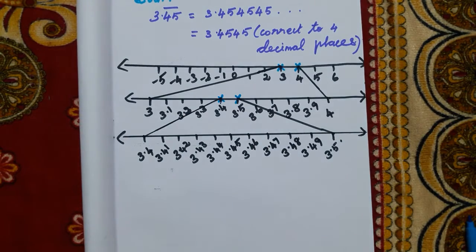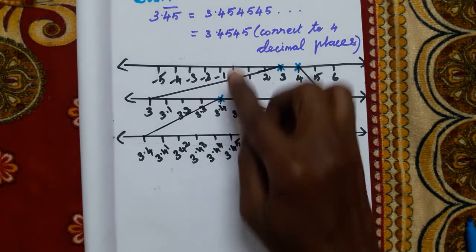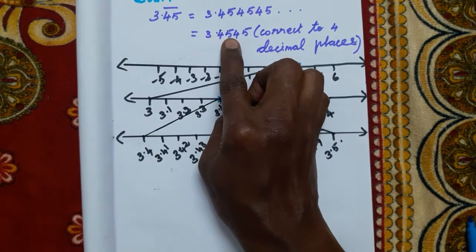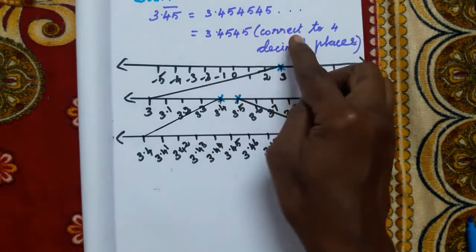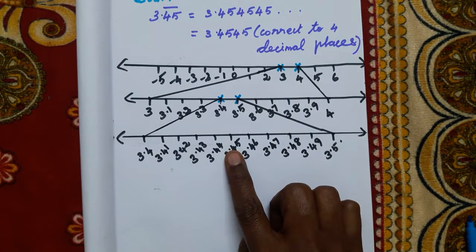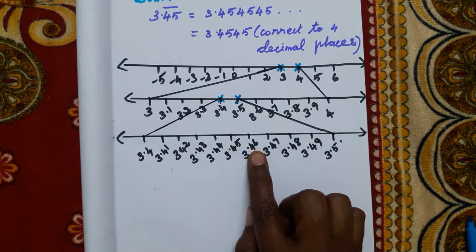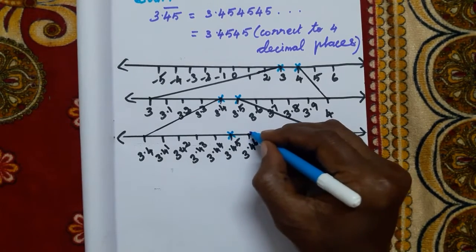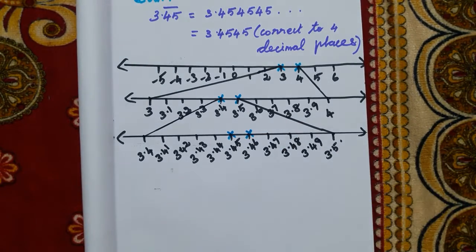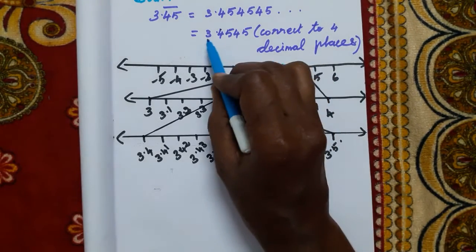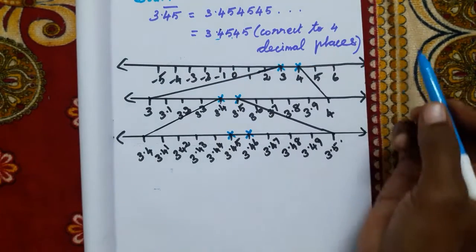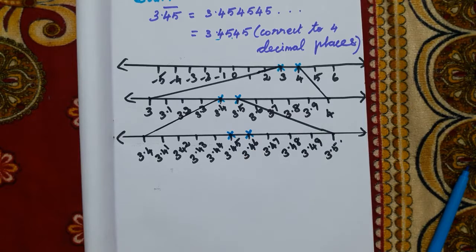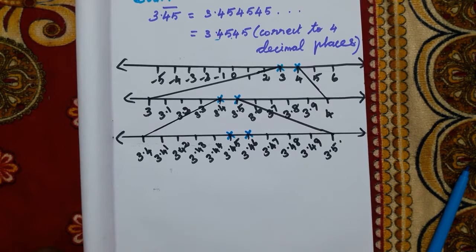Now check: 3.4545 is between 3.45 and 3.46. So we have to mark 3.45 and 3.46. Now I marked 3.45 and 3.46.